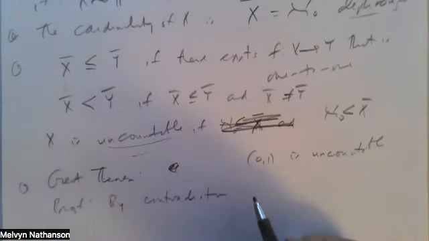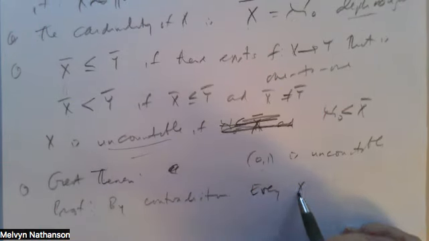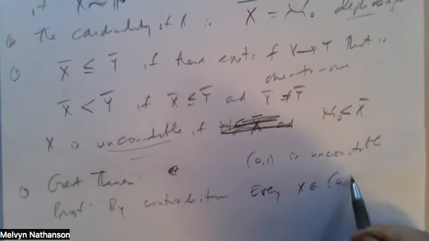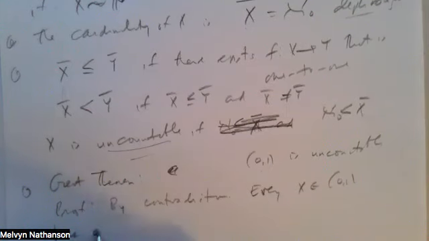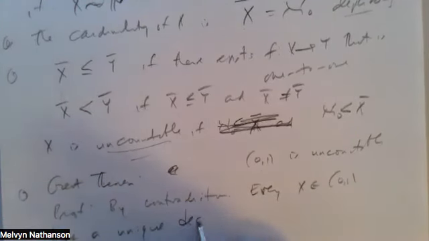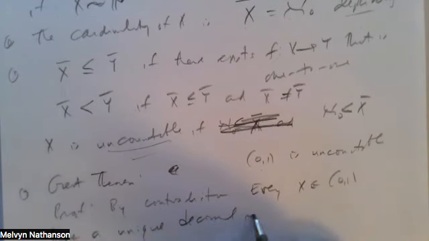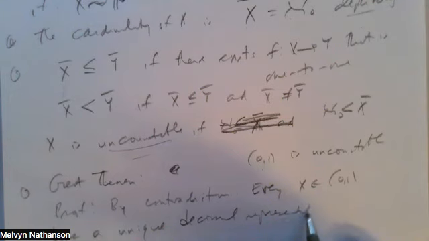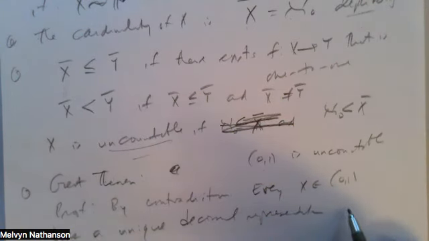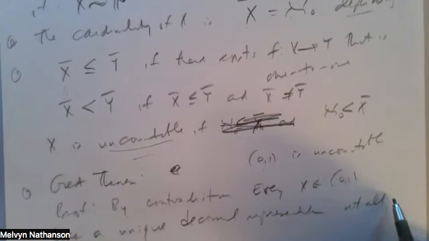We use the fact that every number x between 0 and 1 has a unique infinite decimal representation, which is not all nines eventually.